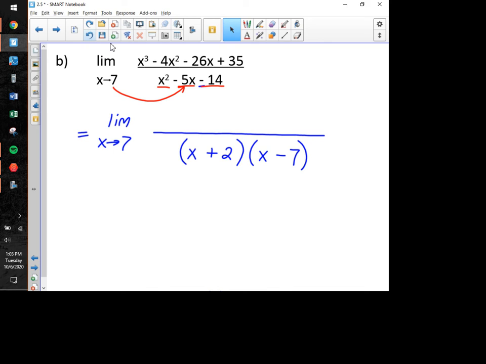The problematic factor down in the denominator is this one right here, which is x minus 7. The only way this problem is interesting at all is if x minus 7 also happens to be a factor of the numerator. Now let me be clear, you guys, and I hope you're listening and not just watching. I don't know that that x minus 7 belongs there. It's a hunch, but we're going to verify that in just a second.